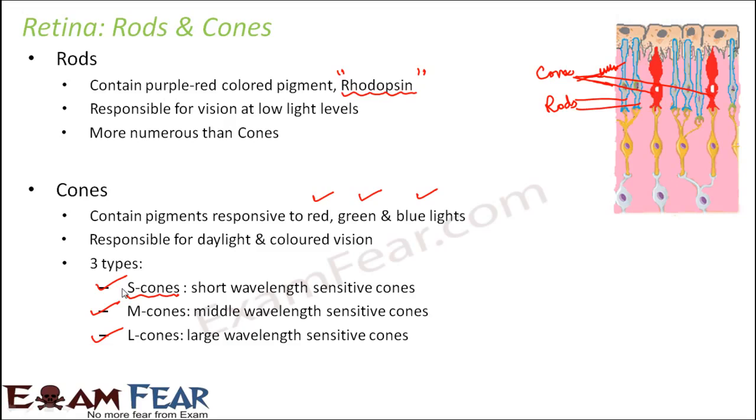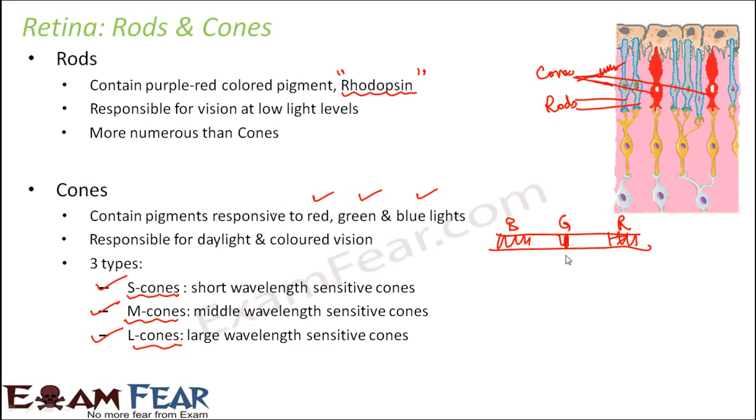These S cones, M cones and L cones can receive different colors of light like red, green and blue. If you look at the Vibgyor spectrum of light, the blue region is at one end, the red region is at the other extreme end, and the middle portion is green.